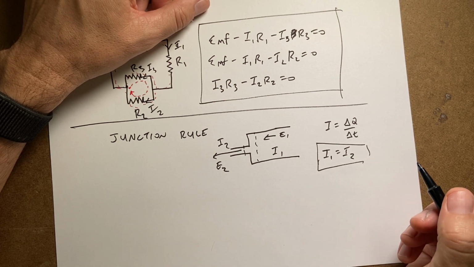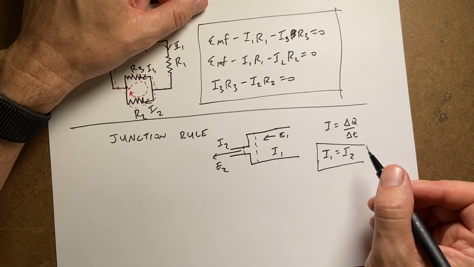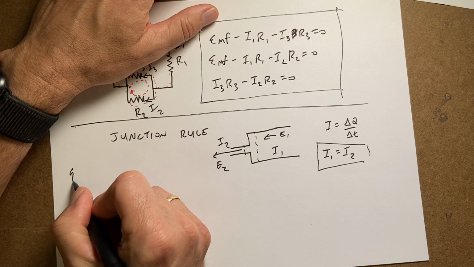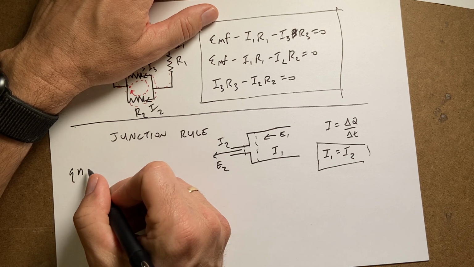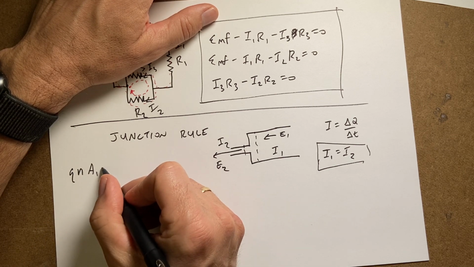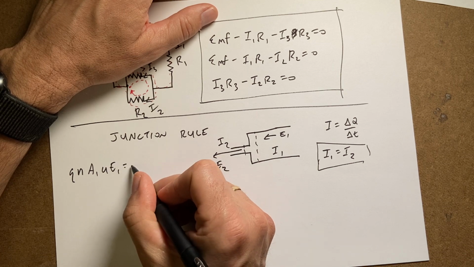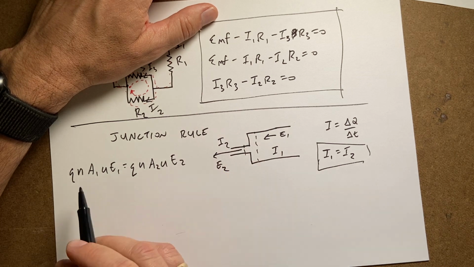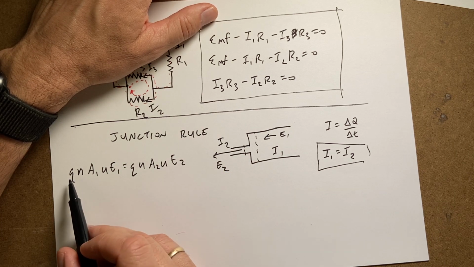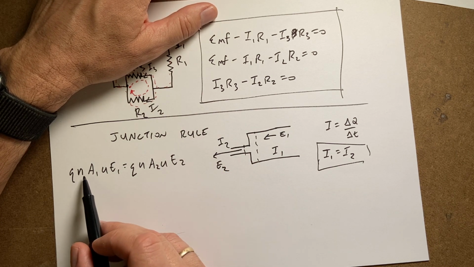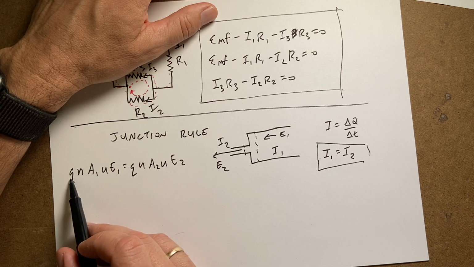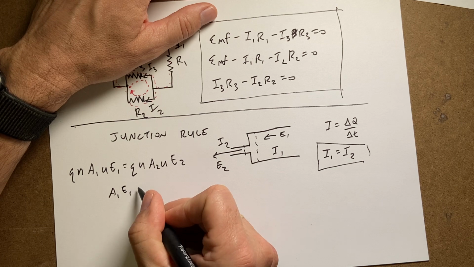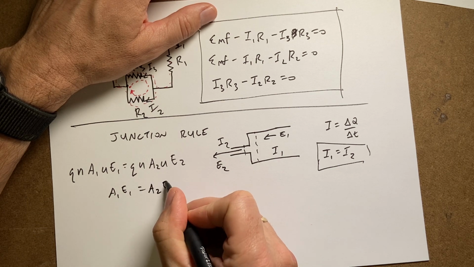So if you want to write this out in our other model, I could say Q n A1 u E1 equals Q n A2 u E2. Those are the two expressions for the current. They have the same charge density, charge carrier value, and electron mobility, so I just get A1 E1 equals A2 E2.